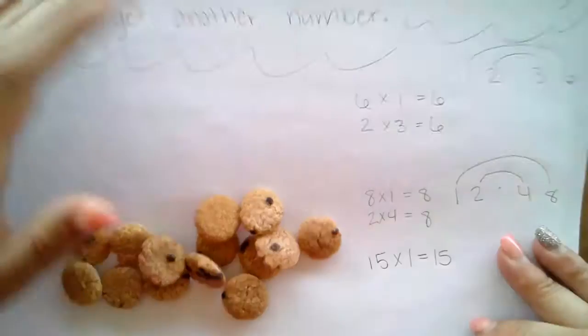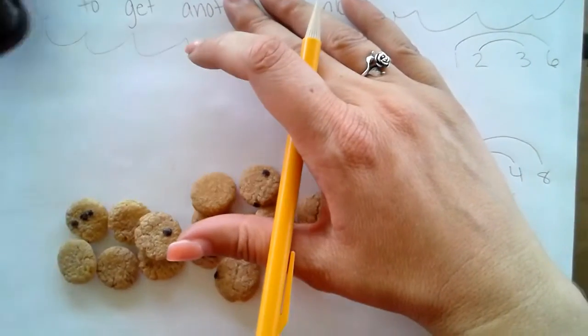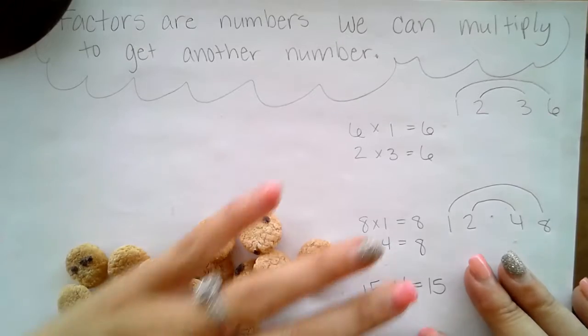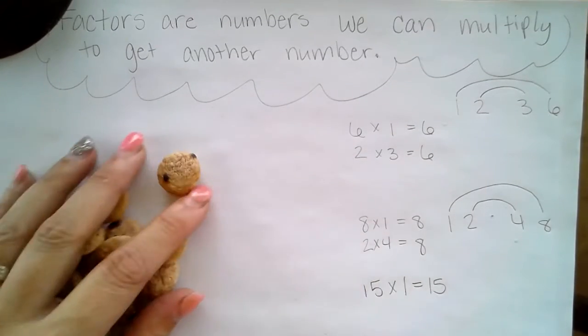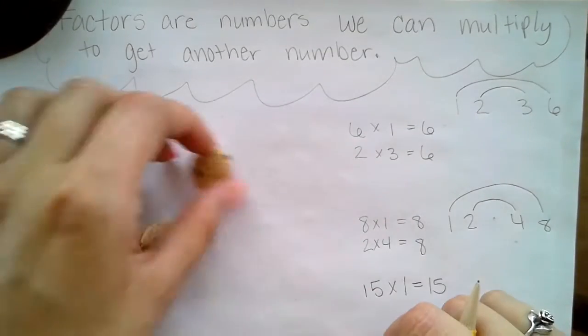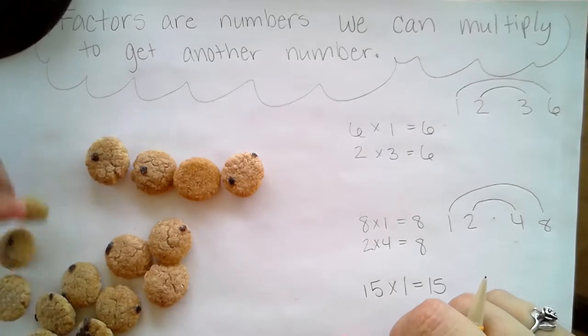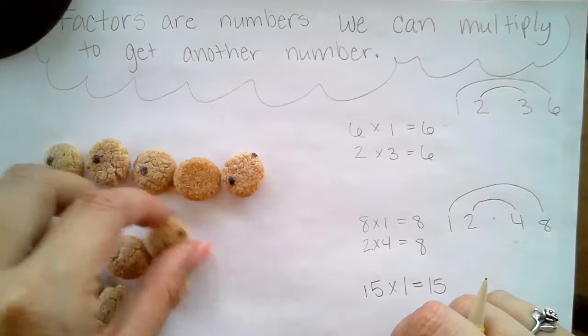What is another way that I could represent the 15? How about 5 this way?